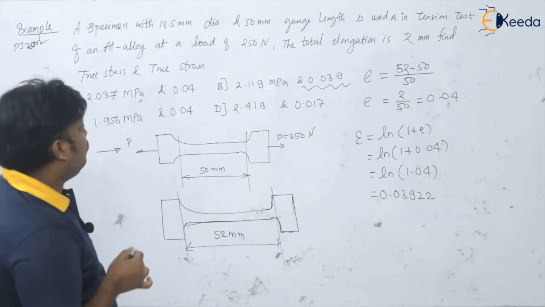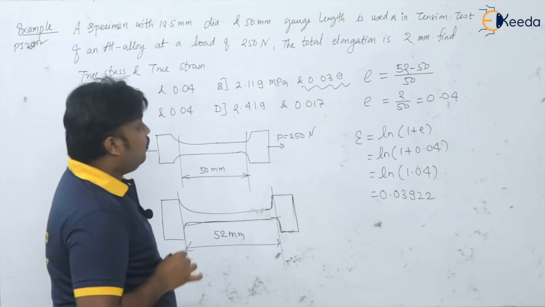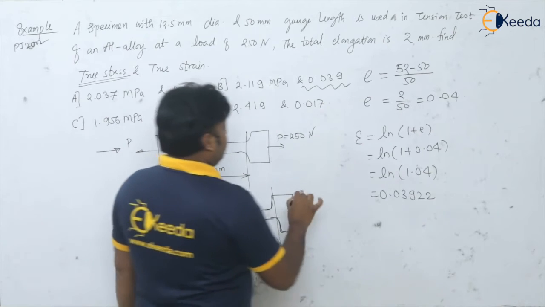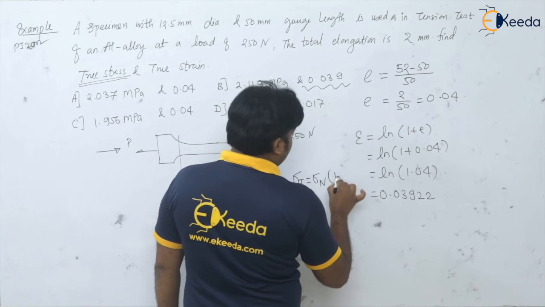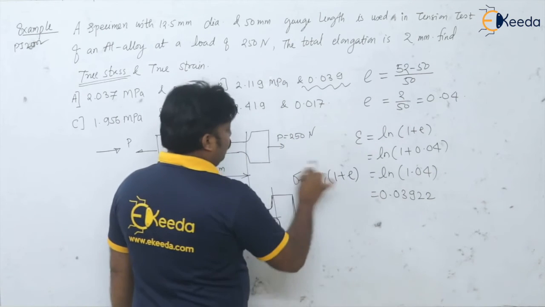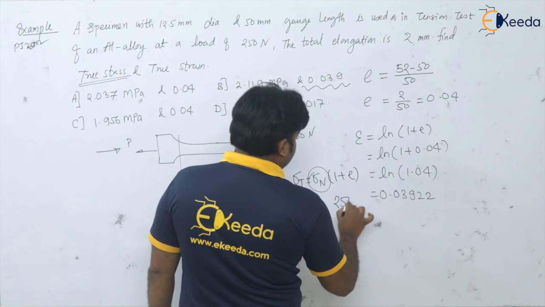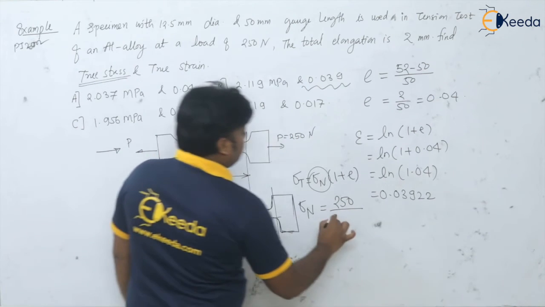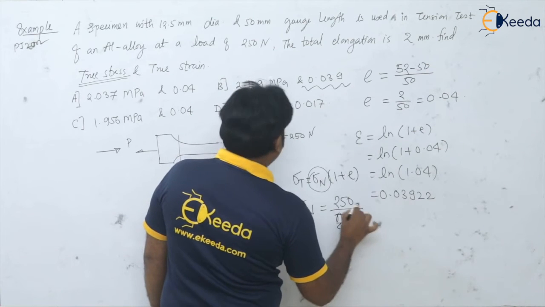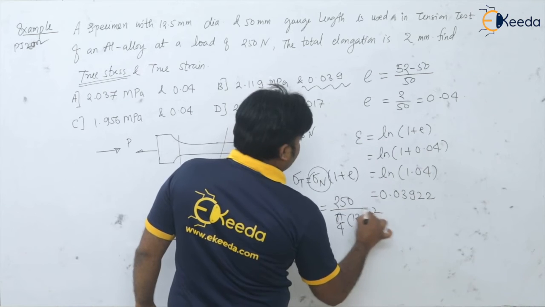Now let us also calculate the true stress. How to calculate true stress? We know that sigma T is equal to sigma n into bracket 1 plus e. So what is the normal stress here? That is the applied load 250 Newton divided by cross sectional area, that is pi by 4 times diameter squared, 12.5 square.